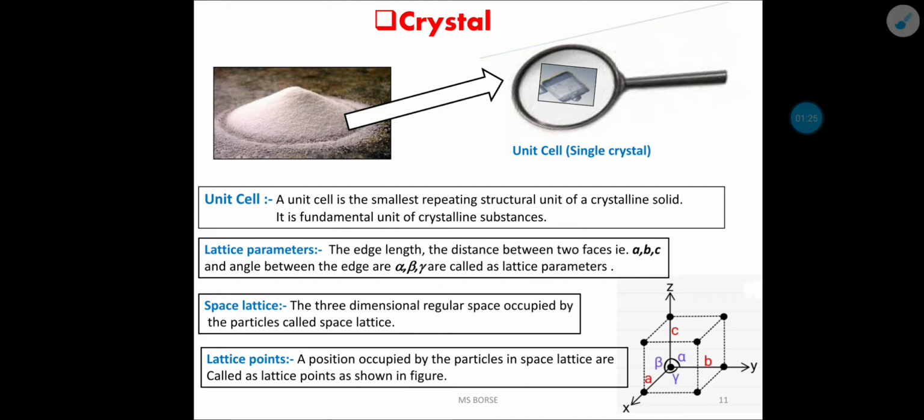This fundamental unit of the crystal lattice is called the unit cell. For the association of these fundamental units to form a big crystal, the fundamental unit of a crystalline compound, that means the very smallest part of the crystal, we can also call a single crystal, and this single crystal is called the unit cell.